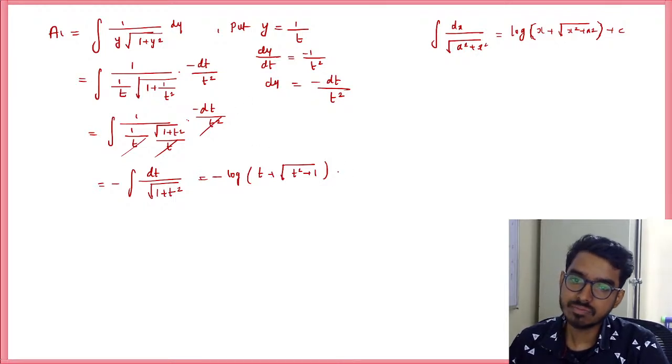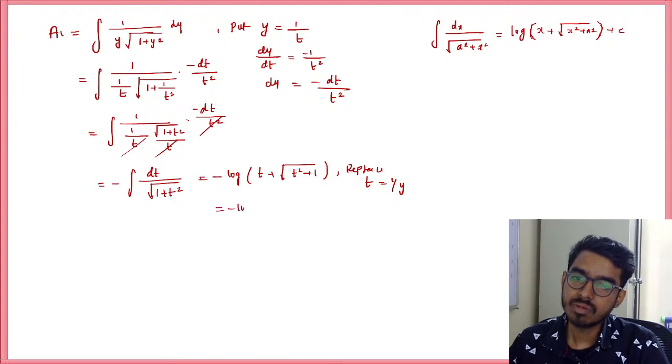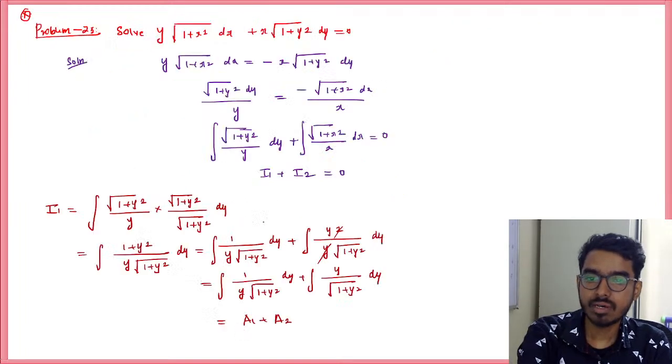Let us replace t is equal to 1 by y. Because t is 1 by y, minus log of 1 by y plus root of 1 by y square plus 1. So this is the a1 value.